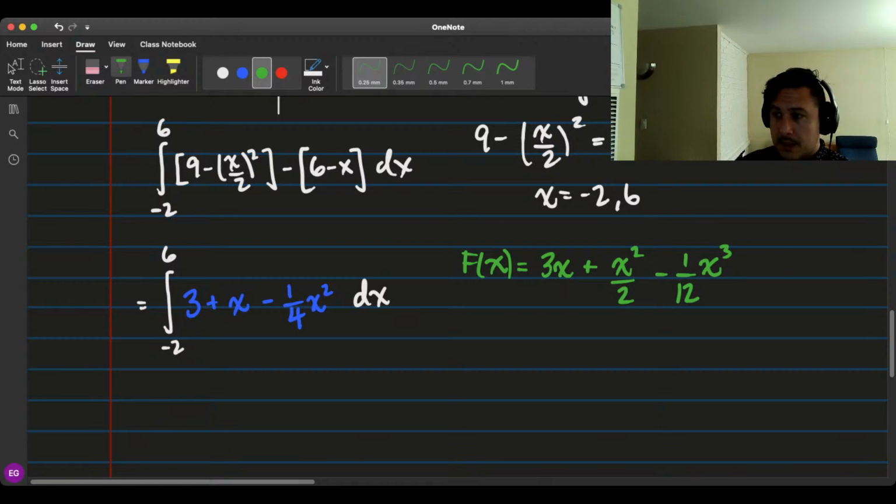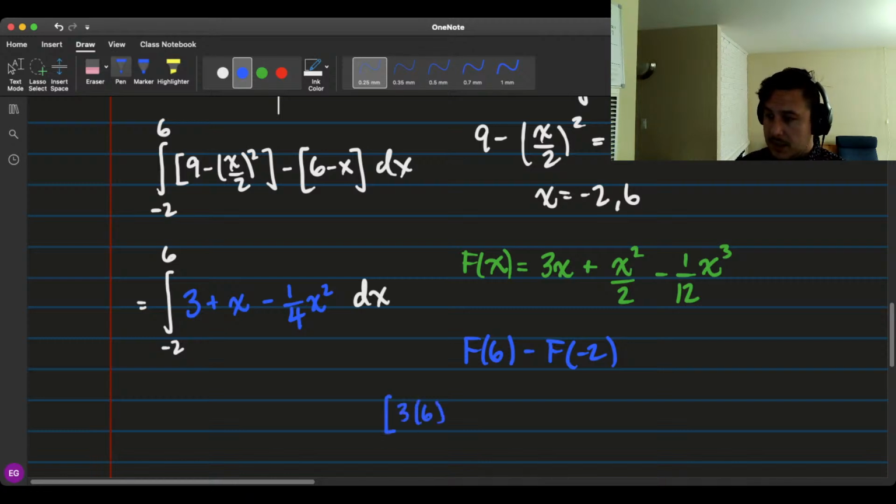Okay. So we plug that in. We need to know what's f of 6 minus f of -2. So we'll get 3 times 6 plus 6 squared is 36 over 2 minus 1/12 6 cubed.